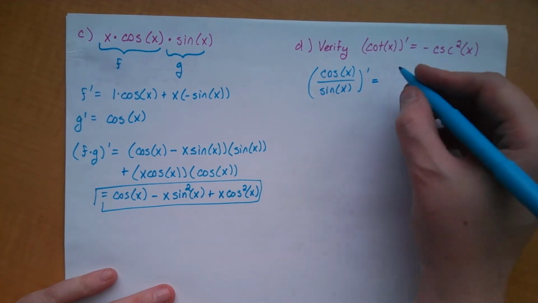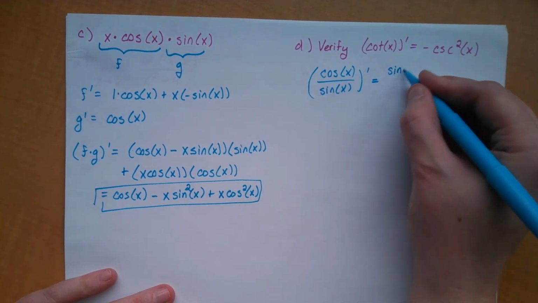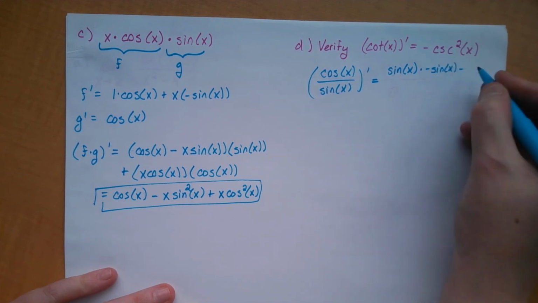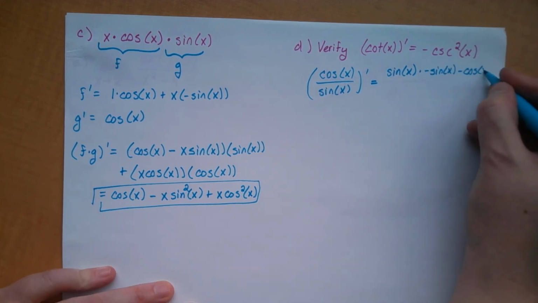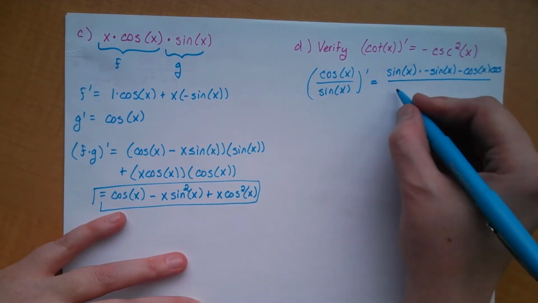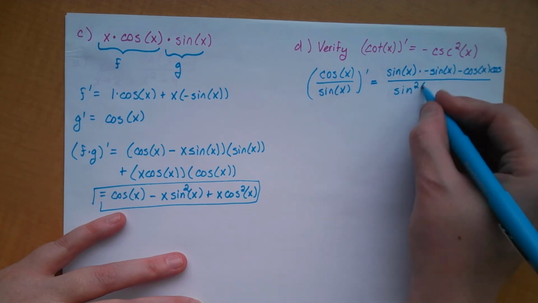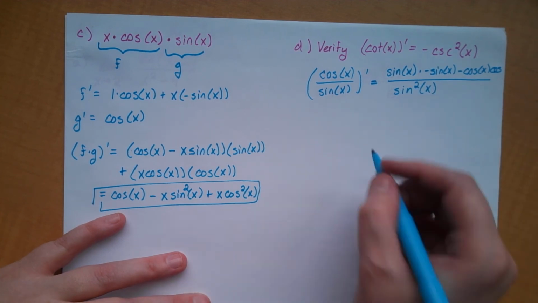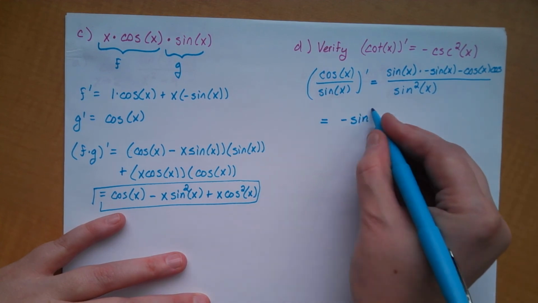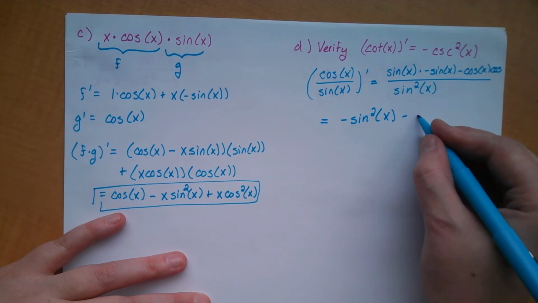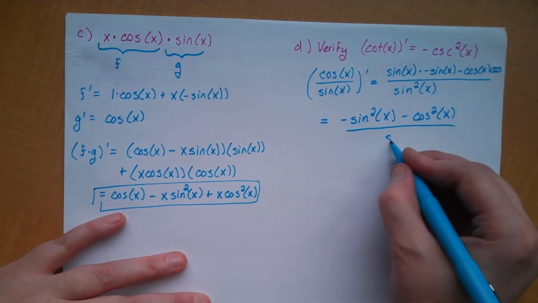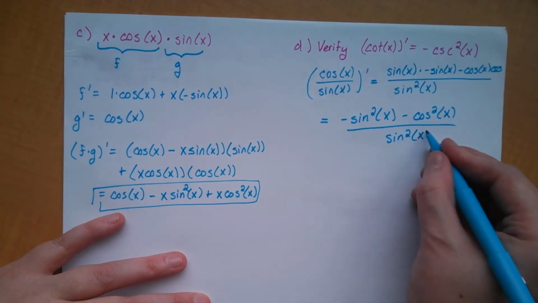So using the quotient rule, that's going to be the bottom times the derivative of the top minus the top times the derivative of the bottom all over the bottom squared. Alright, so I can rewrite this as negative sine squared x minus cosine squared x all divided by sine squared x.